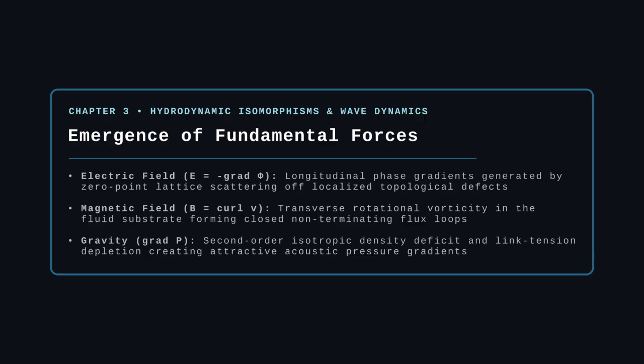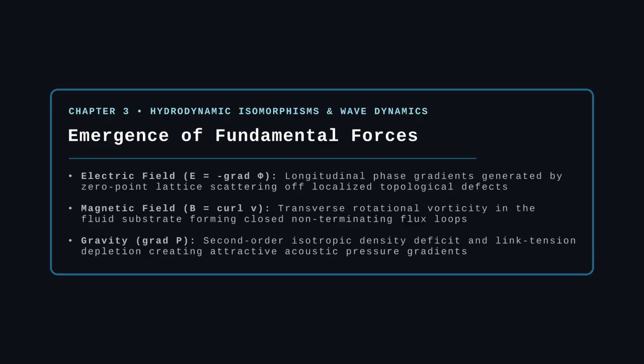By analyzing the background medium through continuum wave dynamics, 3 macroscopic field manifestations are structurally mapped. First, longitudinal phase displacements correspond to the electric field vector, E. Second, transverse rotational vorticity corresponds to the magnetic flux density, B. Third, isotropic density and tension deficits correspond to the gravitational pressure gradient, grad P.